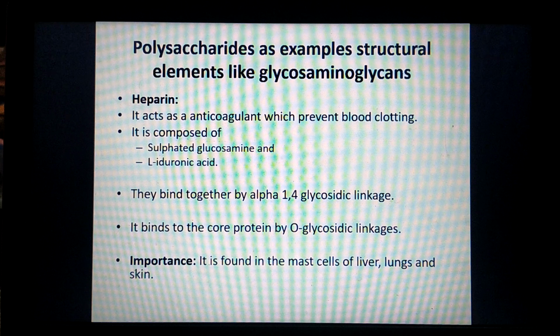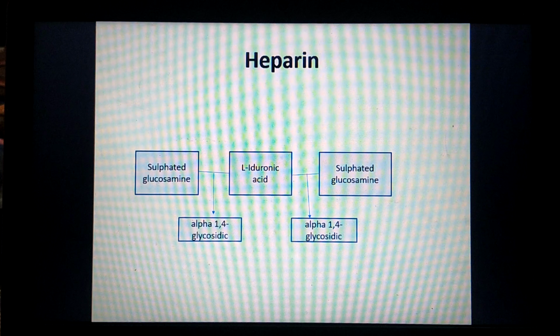Heparin also binds with the core protein by O-glycosidic linkage. The importance of heparin is that it is synthesized by mast cells of liver, lungs and skin. And then when it enters into the blood, it prevents blood clotting. This is the diagrammatic representation of heparin, sulfated glucosamine and L-iduronic acid in a repeated sequence.